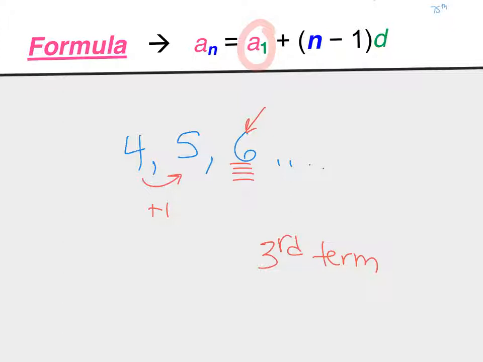I know 6 occurs because something was added to the term right before it. Who is the term right before 6? That's where the n minus 1 comes in.